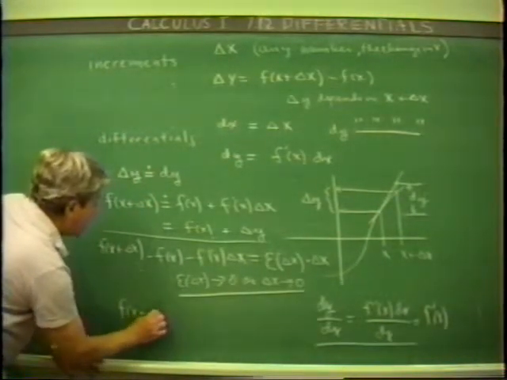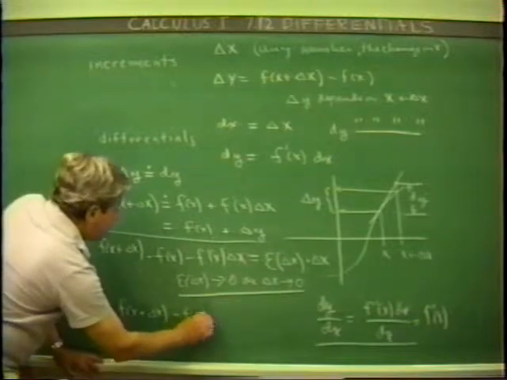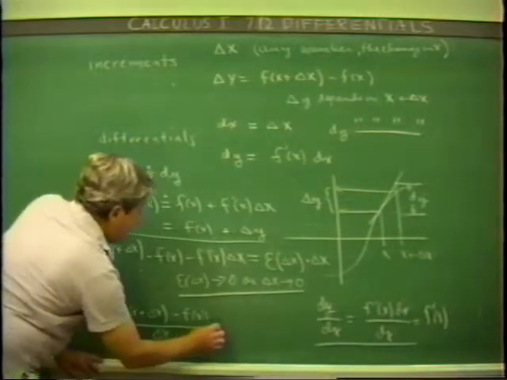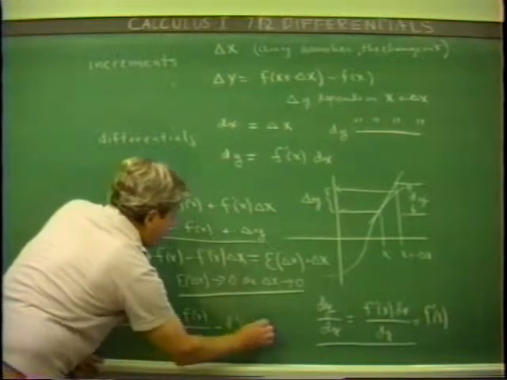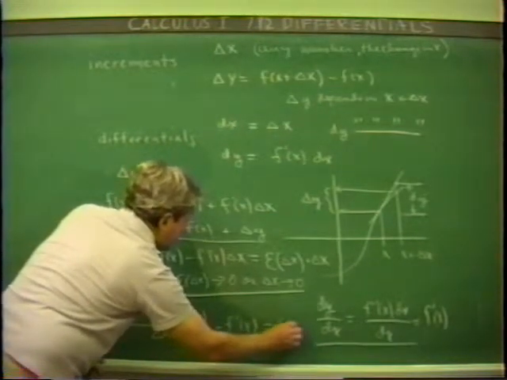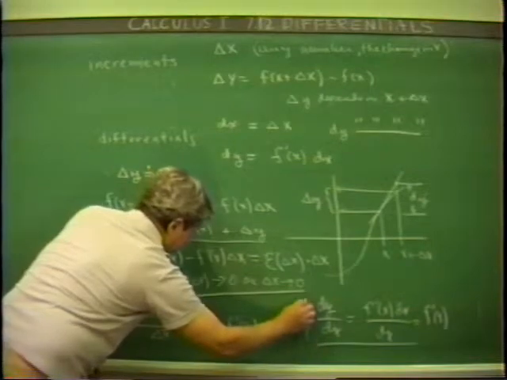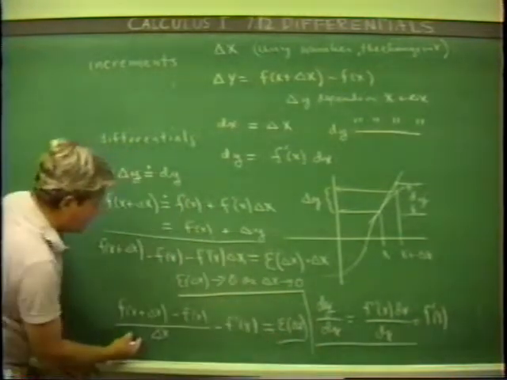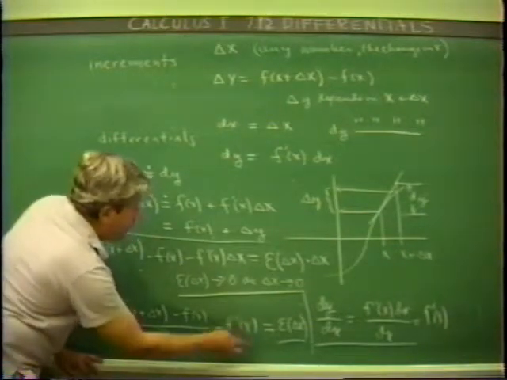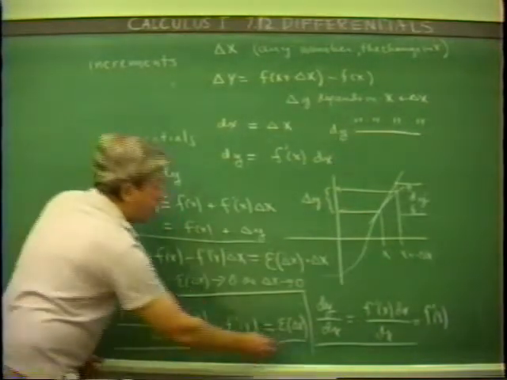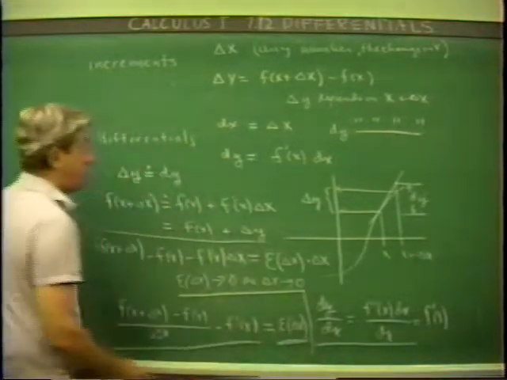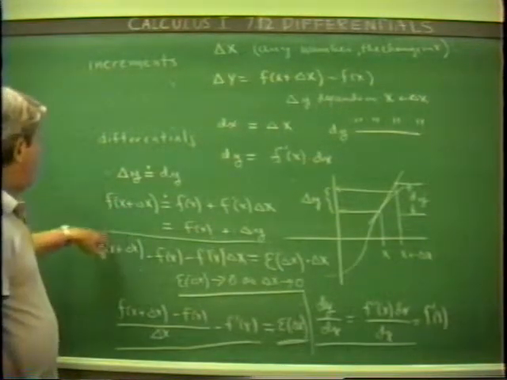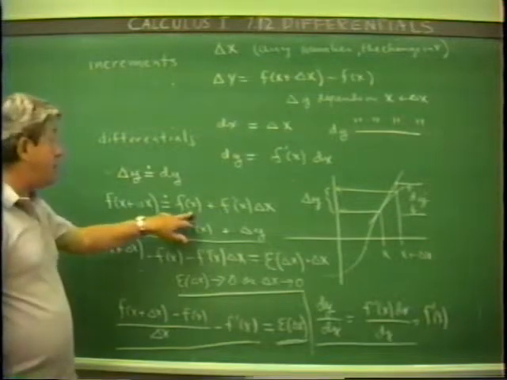If we divide both sides of this by delta x, we end up with f of x plus delta x minus f of x, divided by delta x, minus f prime of x, and this indeed is equal to some number epsilon, which depends on delta x and does go to 0 as delta x does, because this approaches the derivative, and so the left-hand side goes to 0. The right-hand side, epsilon of delta x, also goes to 0.